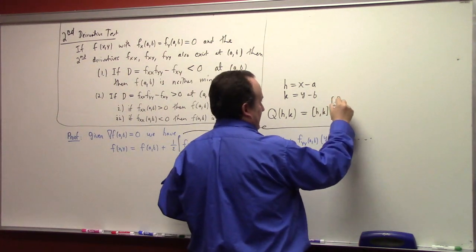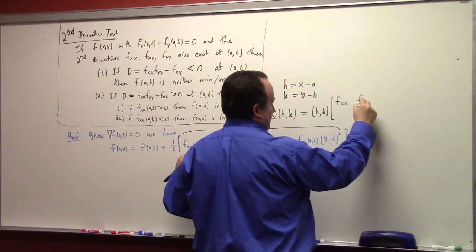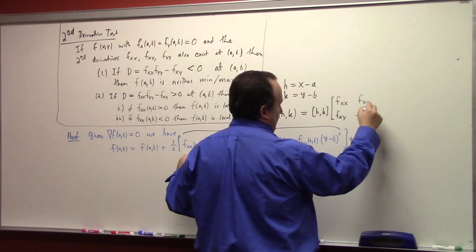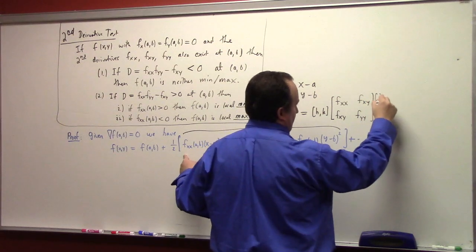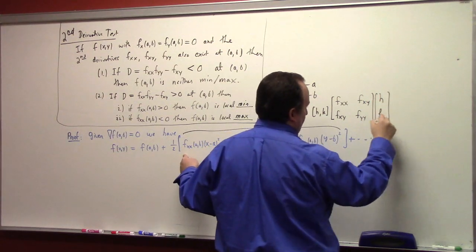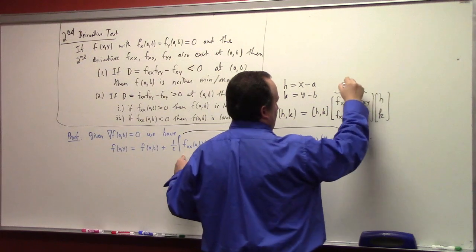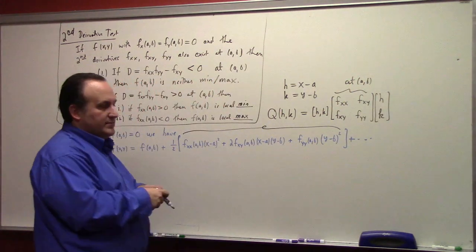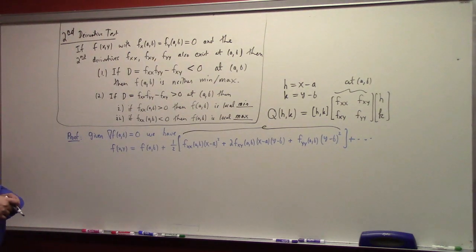Well, times the matrix fxx, fxy, fyx, fyy, times the column h, k, right? And I'm going to suppress the, this of course is all at a, b, but let me just not write that explicitly. Okay, and we know this is a symmetric real matrix. We can apply the theory of quadratic forms. What are the eigenvalues?